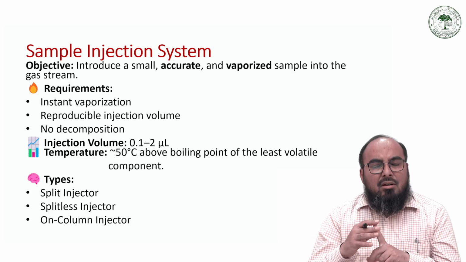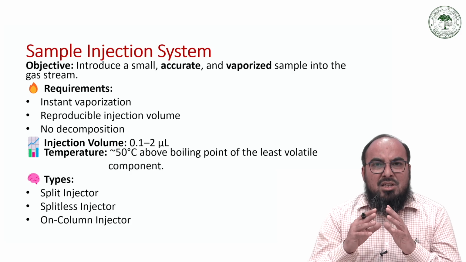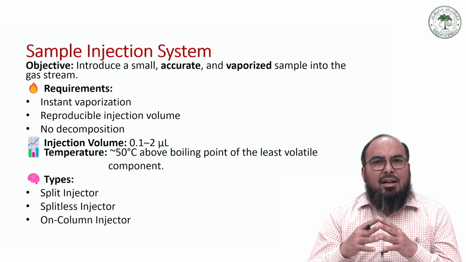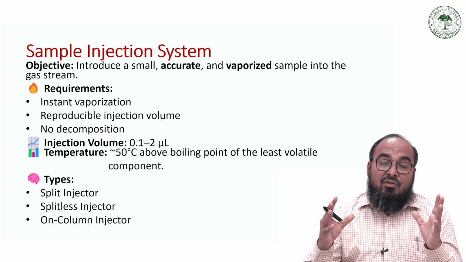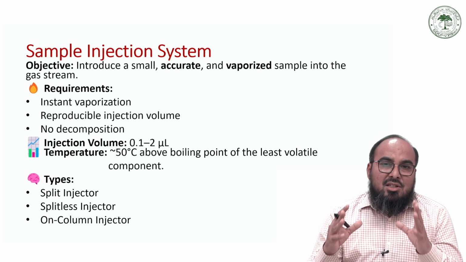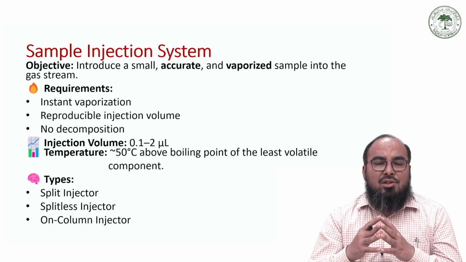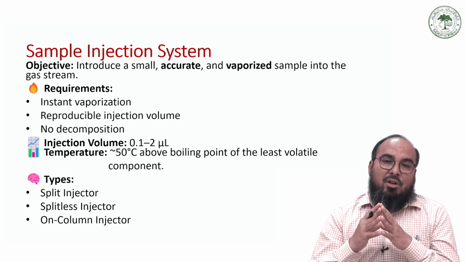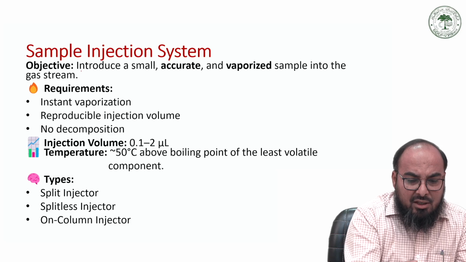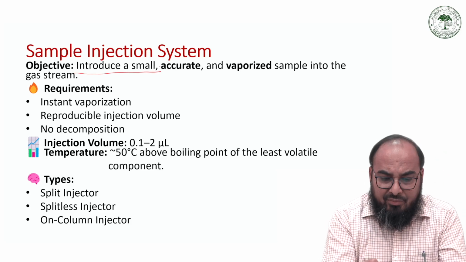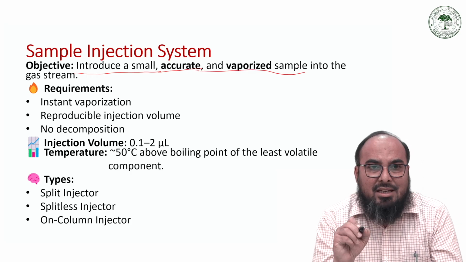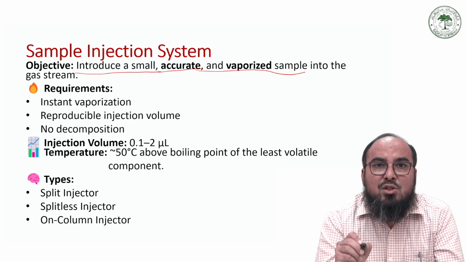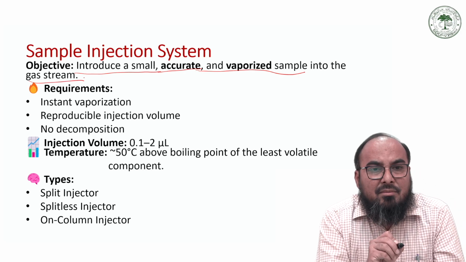Your sample size must be appropriate so that it can mix well with the carrier gas, and it must have uniform size. We have seen the effect of size also. The same principle holds good in GC which we discussed in elution chromatography. So what is the objective? You have to have a uniform, accurate sample size, and your sample must be in the vaporized state so that it can mix well with the carrier gas stream.